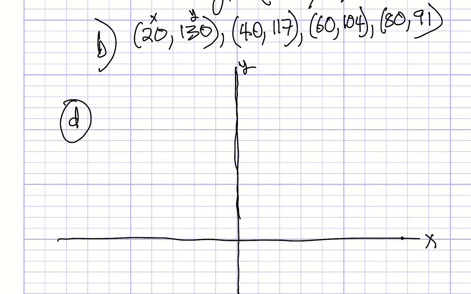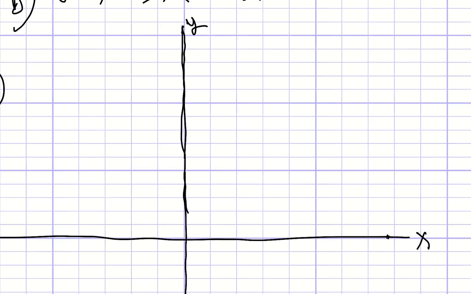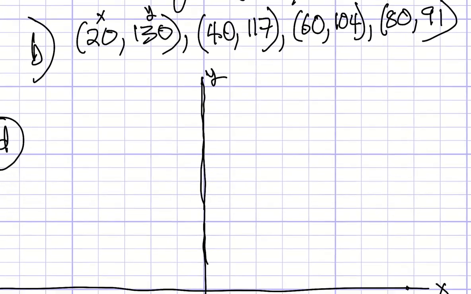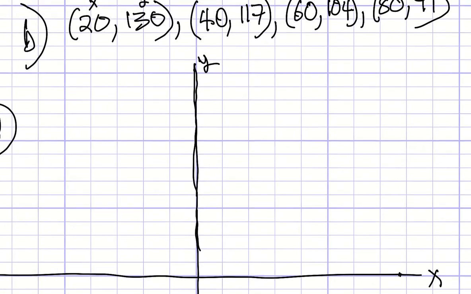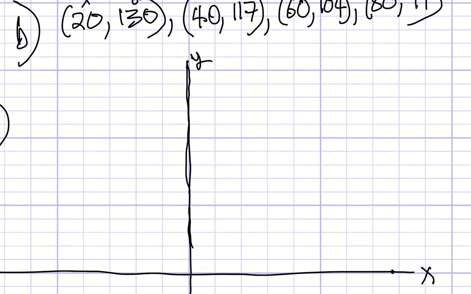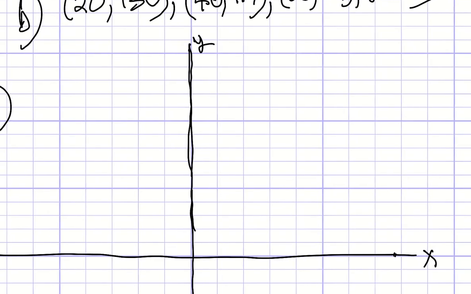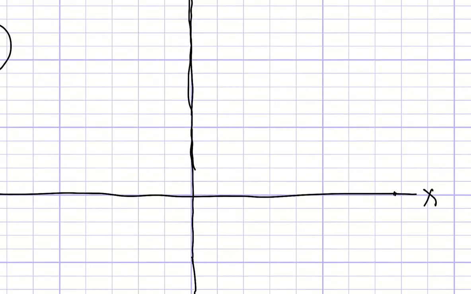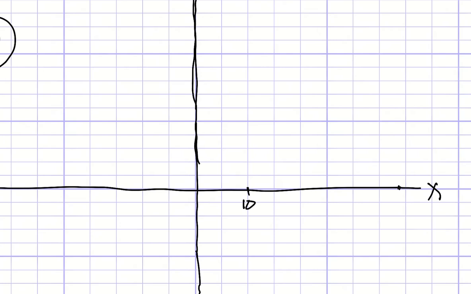So 1, 2, 3, 4, 5. We don't really have enough, so we have to squeeze it in. Let's do X first. The highest X is 80. So we said this is 10, this is 20.